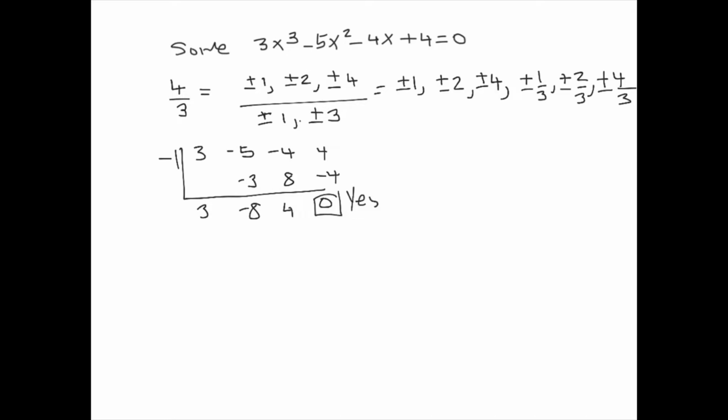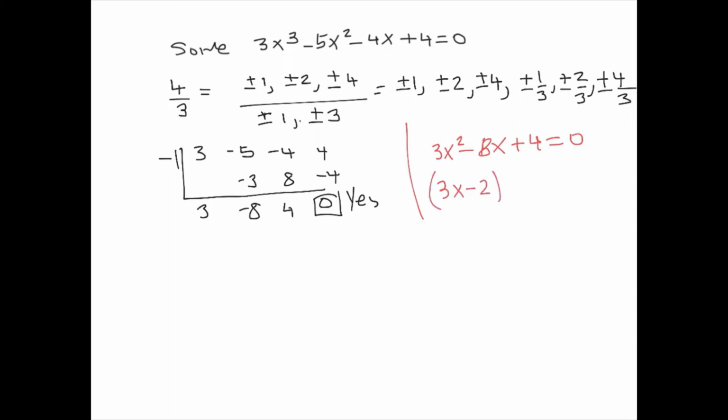So I just need to break the equation now. So this one is going to be 3x squared minus 8x plus 4 is equal to 0. Then when I factor this out, I'm going to get 3x. You can factor using the box method or by splitting the middle term.